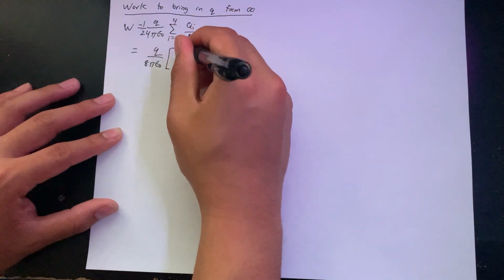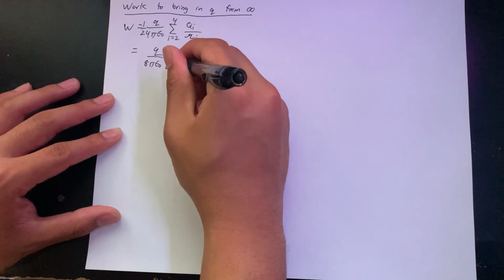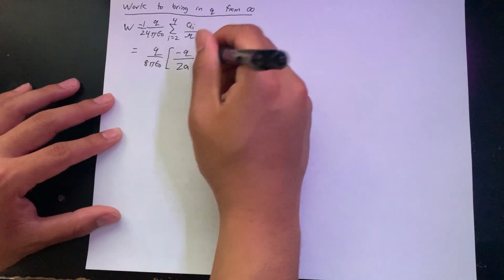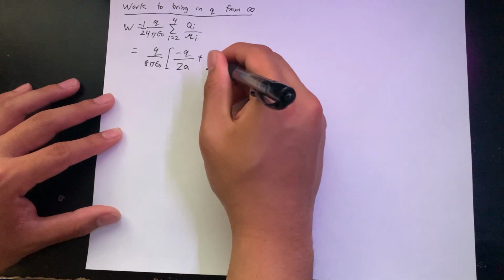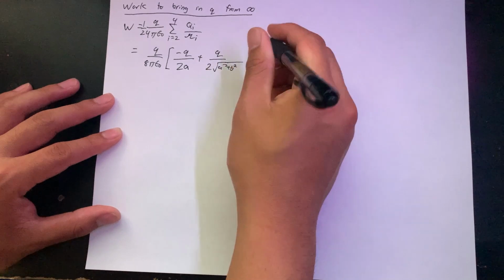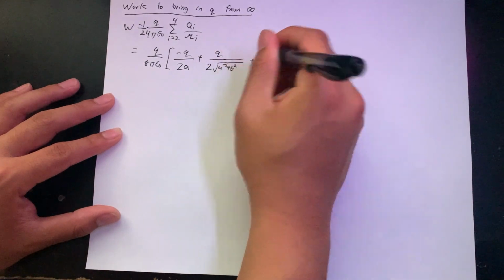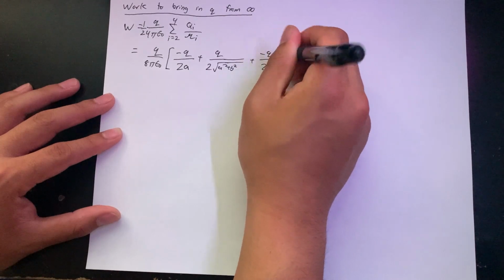So our second charge is going to be negative Q, and our second separation magnitude vector is going to be 2a. Our third one is a positive q over 2 times the square root of a squared plus b squared, plus our fourth one, which is negative q over 2b.